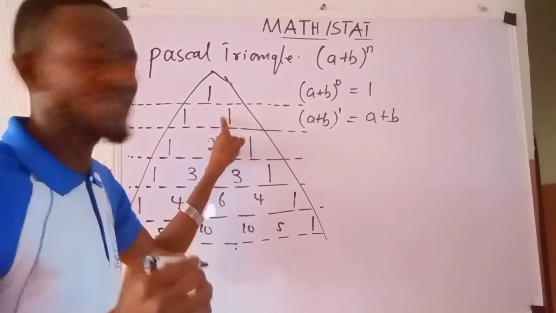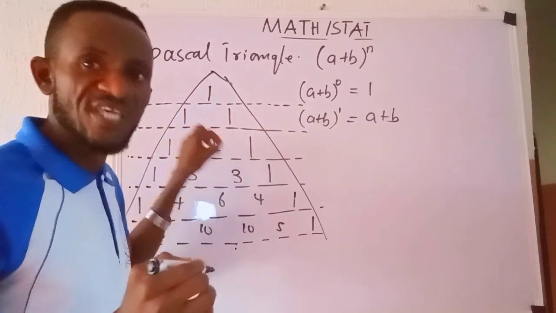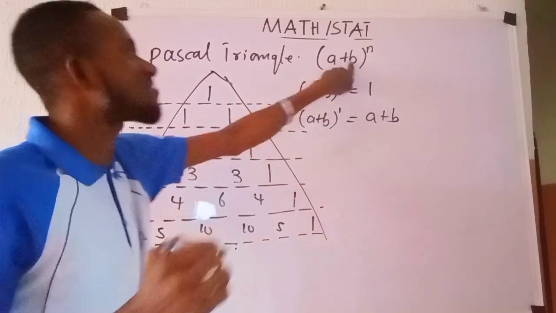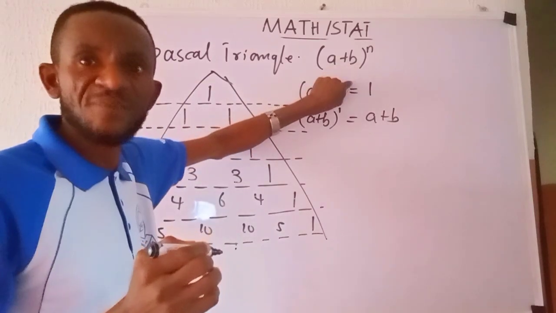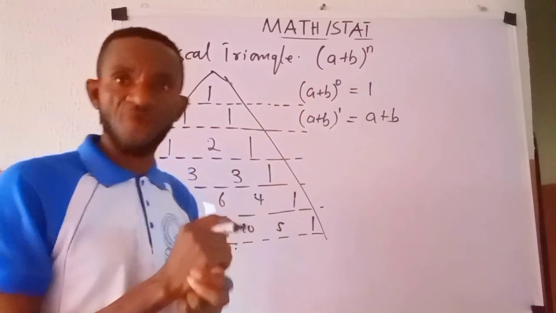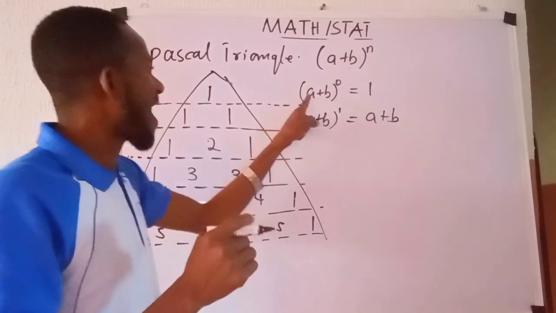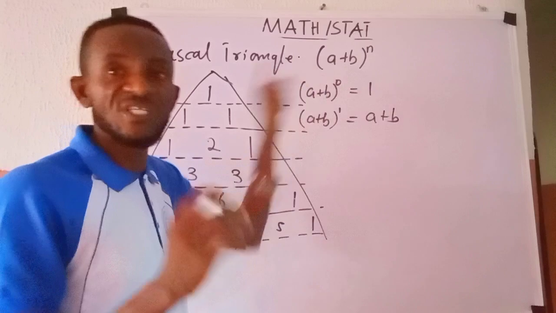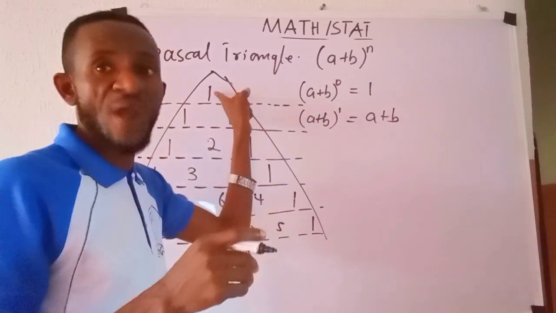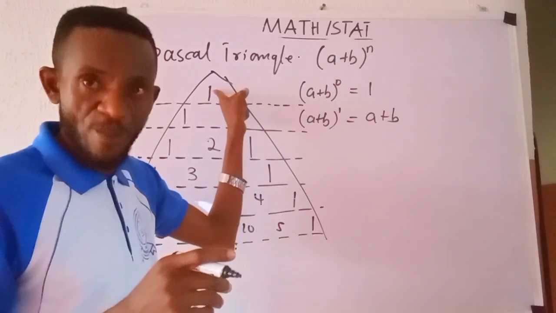Because you are saying that this Pascal triangle gives the coefficients of the expansion of any binomial expression written in this form. Here we had (a + b) raised to power 0, which gave us 1, and that was why we had a 1 in the first row of the Pascal triangle.